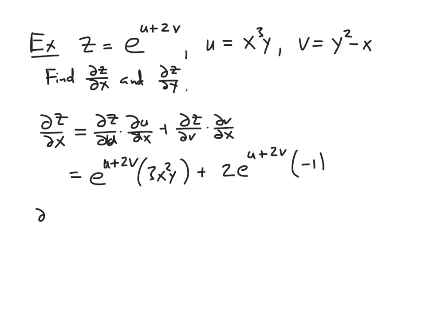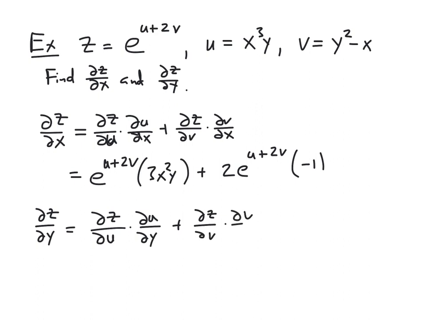Right, to compute del z del y, we follow a very, very similar pattern. So we start with the chain rule, del z del u times del u del y plus del z del v multiplied by del v del y. Right?